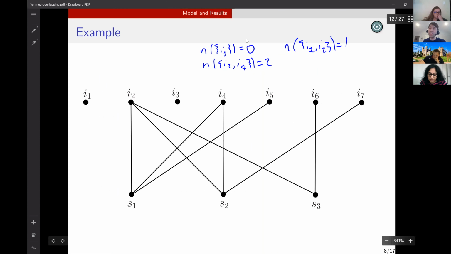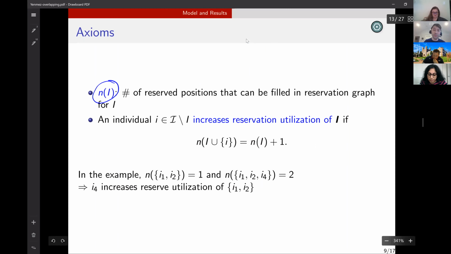Only 1 reserved position can be filled by individuals 1 and 2. If you add I4 to the set, now you can fill 2 positions, right? So I2 can be matched with the first position, I4 can be matched with the second position. Therefore, I4 increases reserve utilization of the set including I1 and I2. So that's the terminology that we're going to use.